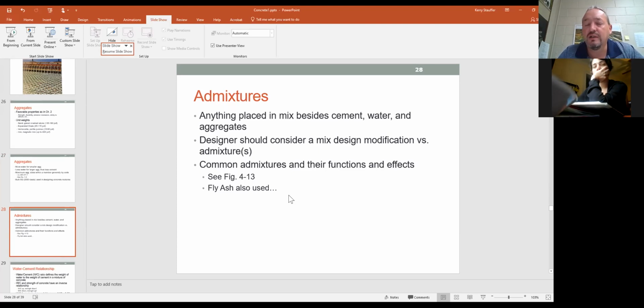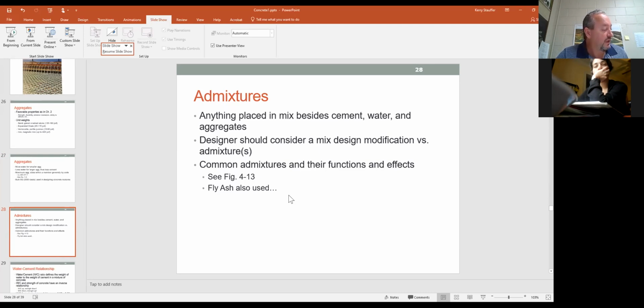But over the past probably 20 or 30 years, they've come up with some really good admixtures to create a desired effect, you might say, or maybe adjust the setting time or things like that, and they work really well.